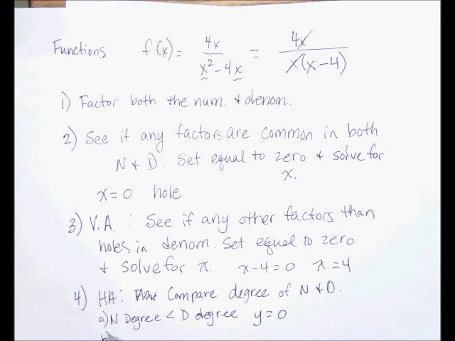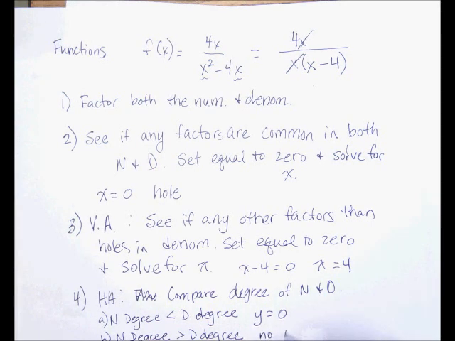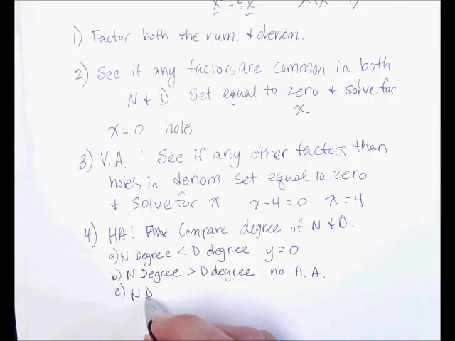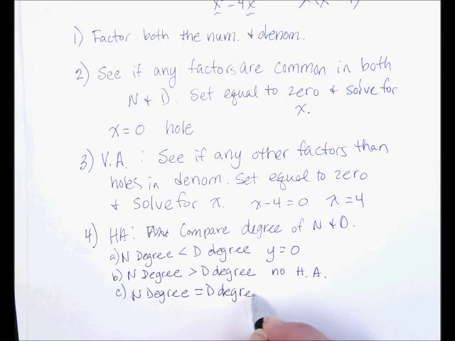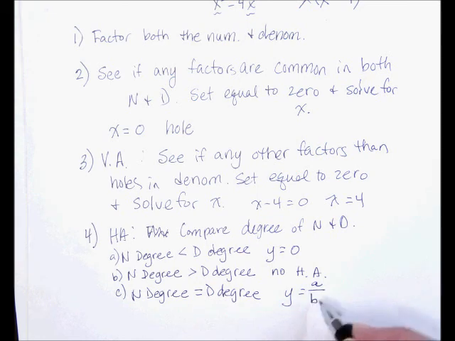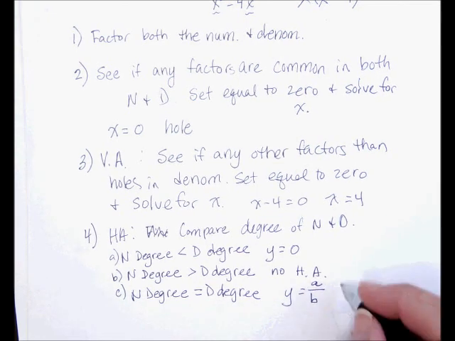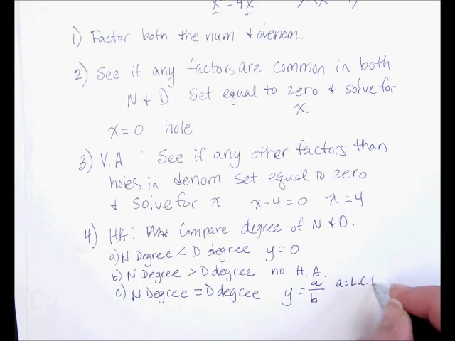That's situation A. B is numerator degree greater than denominator degree. Then there is no horizontal asymptote. And C is when they are equal to each other. This is where y is equal to A over B, where A is the leading coefficient of the numerator, and B is the leading coefficient of the denominator.